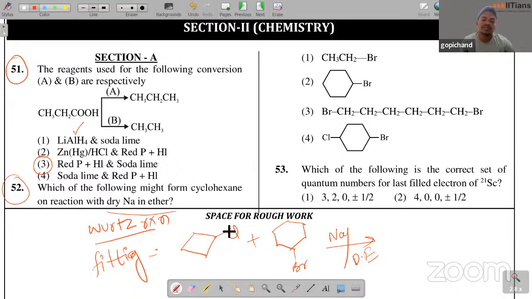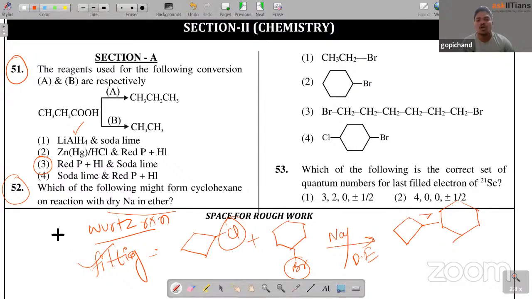You just remove the halides over here and just join both of them. So this is the Fittig reaction.